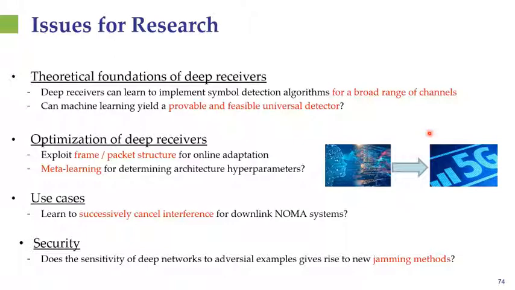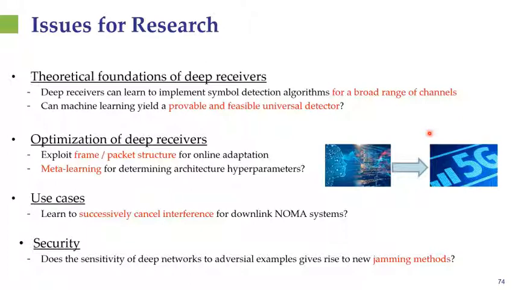Additional issues for future research are more from an applied perspective. For example, one can consider the optimization of deep receivers, like utilizing additional forms of structure inherent to digital communications, like frame and packet structure for online adaptation, and utilizing model learning to determine the architecture, the number of layers, and the number of hidden nodes in each layer to optimize the performance of deep receivers.